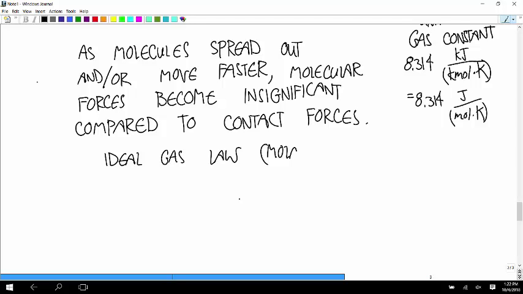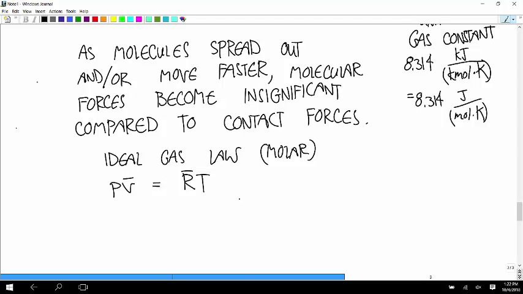In a molar form that says P times the molar volume is equal to the universal gas constant times the temperature. I'm not going to put a box around this one because this isn't the one we're going to tend to use.